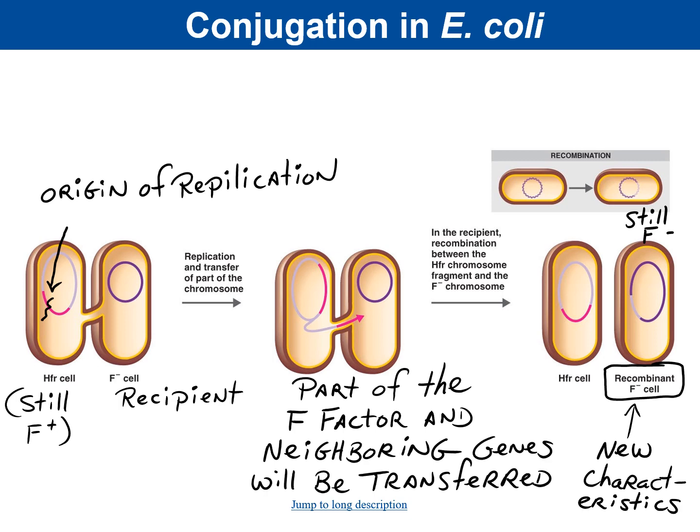So unusual event, but we do observe that this does happen. And so it's a way in which bacteria can evolve by sharing genes. So we have HFR mating with the F minus recipient that stays F minus, but can still get genes that give it a way to change over time.